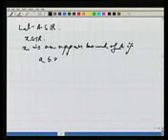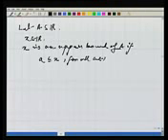That is, a is less than or equal to x for all a in A.